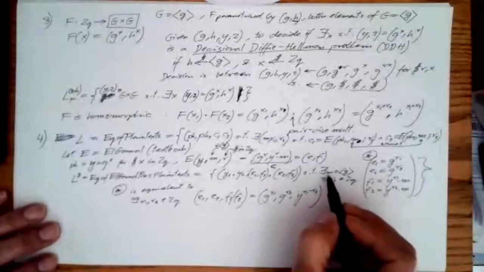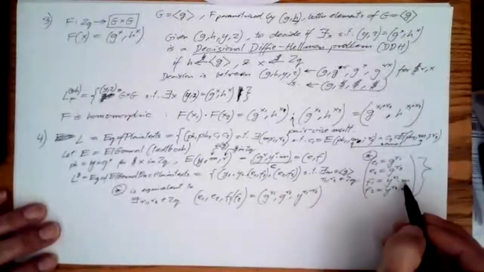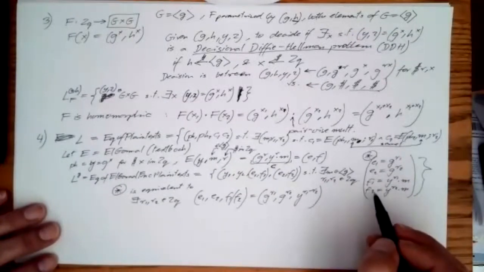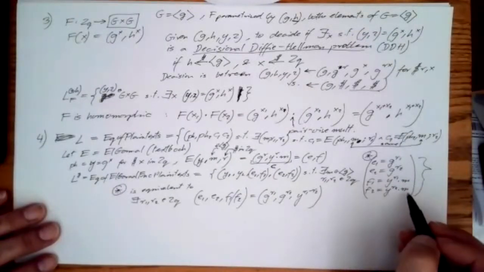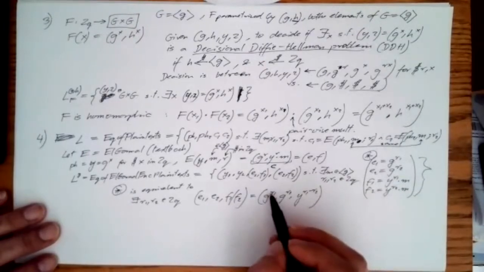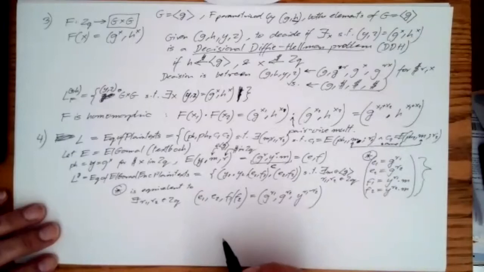here I said that there must exist some m that fits these equations. Well, if I divide f1 and f2, and it is indeed the same m, then the division must be explained as y to the difference between these two exponents.